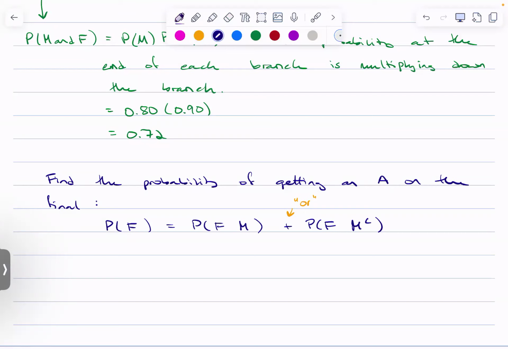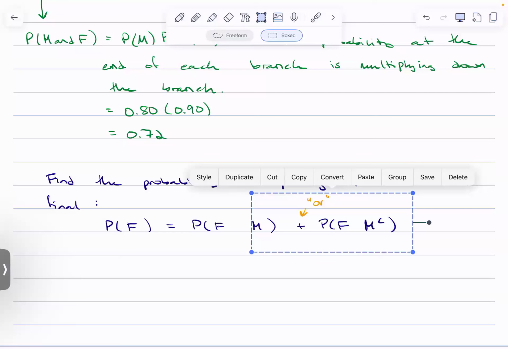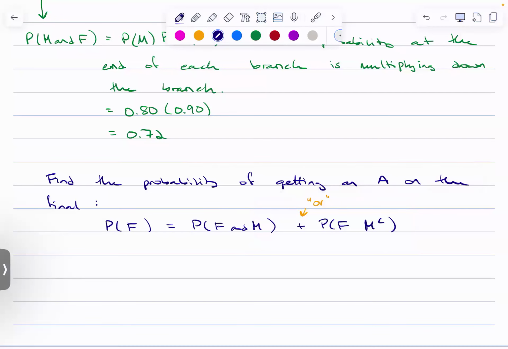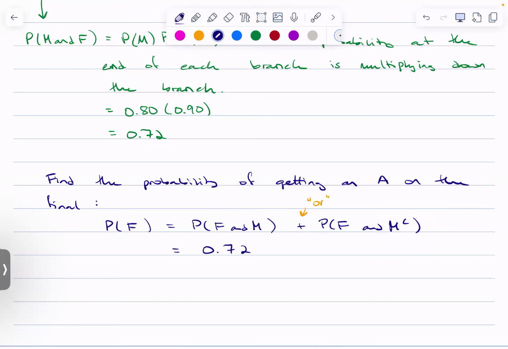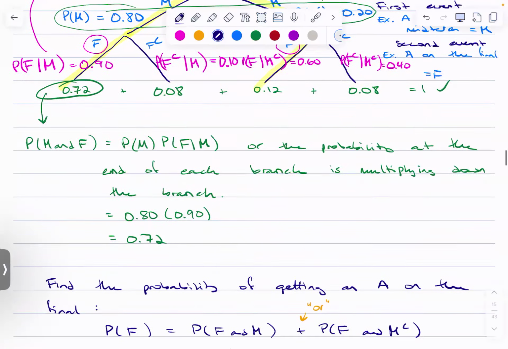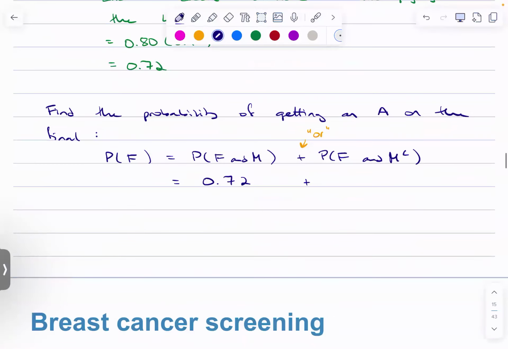Which is kind of weird, but I should be saying and. Which is at the end of each of those branches, which was 0.72 plus 0.12.